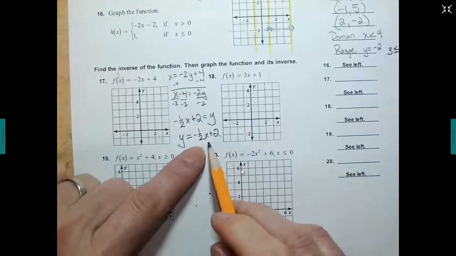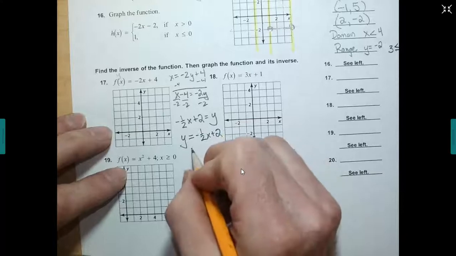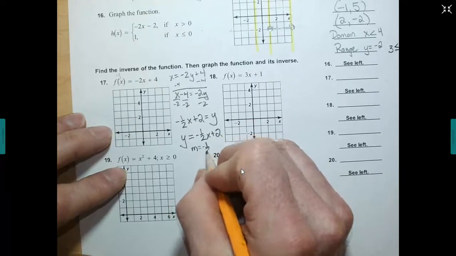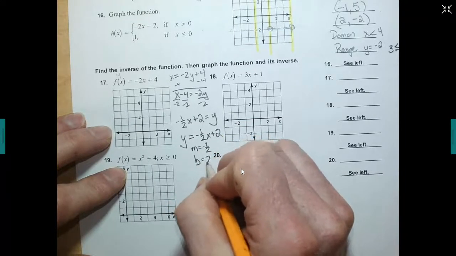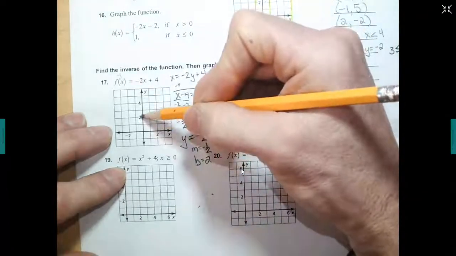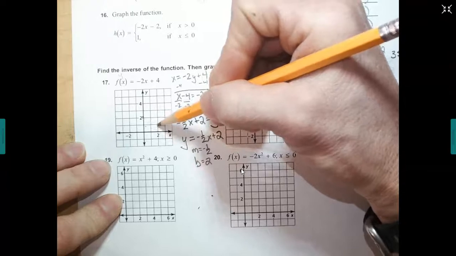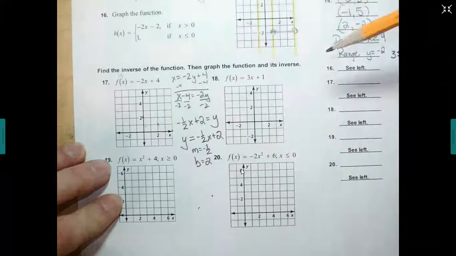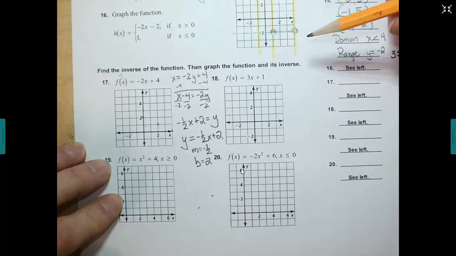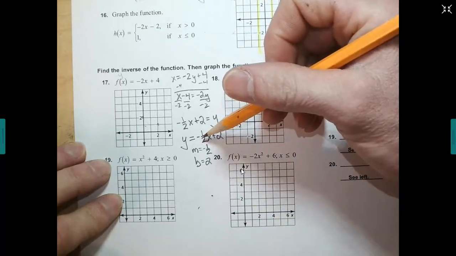So that's the inverse. My slope is negative 1/2. My y-intercept is 2. 1, 2. Negative 1/2, so down 1 over 2. Down 1 over 2. There's my line for my inverse.